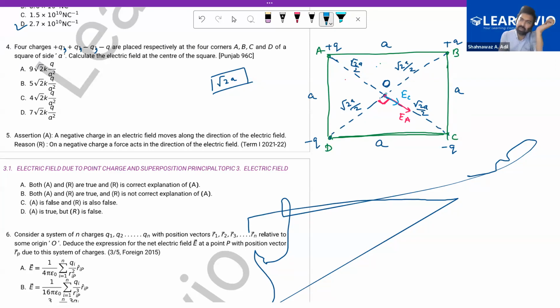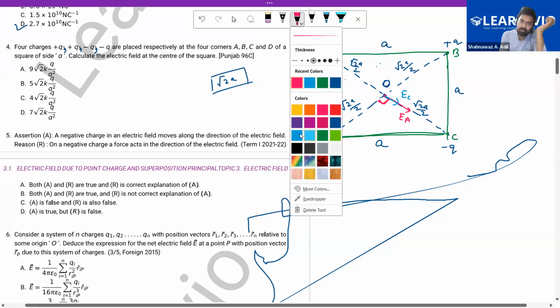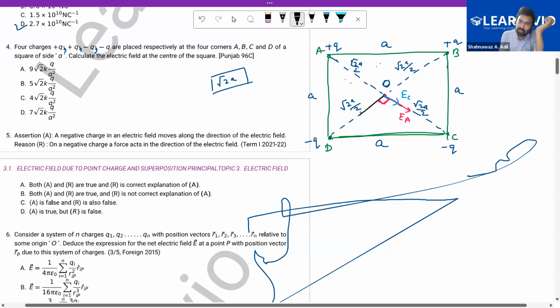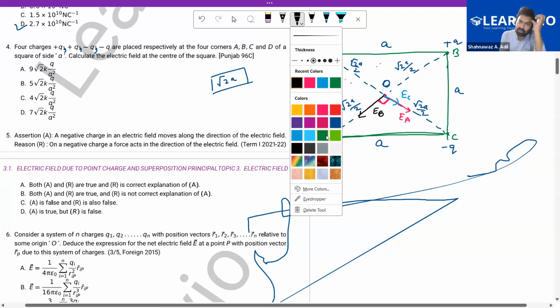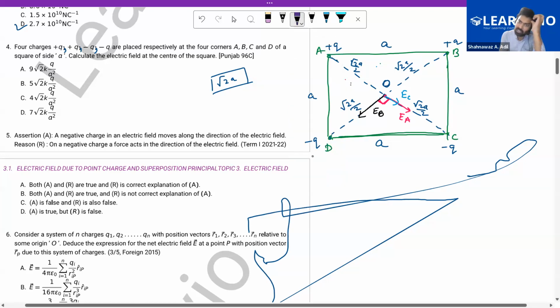Now let us write the contribution from B. What would be the direction, BD or DB? BD, from B to D. Absolutely. So this would be the direction. Now if I calculate the contribution from D, what would be the direction?